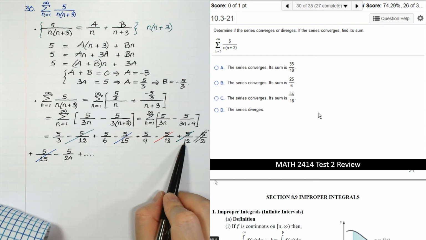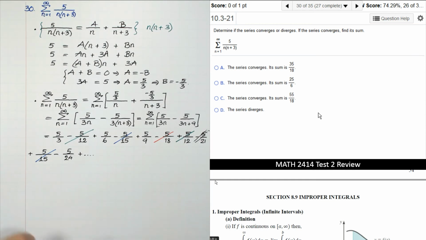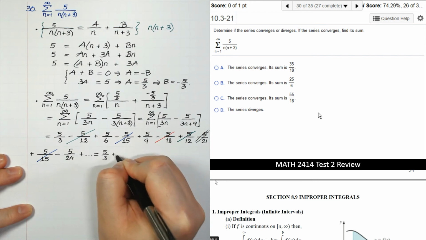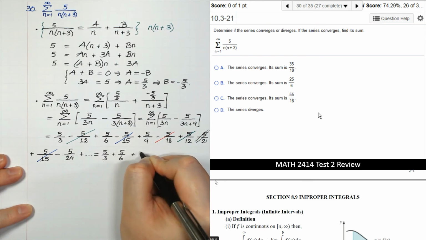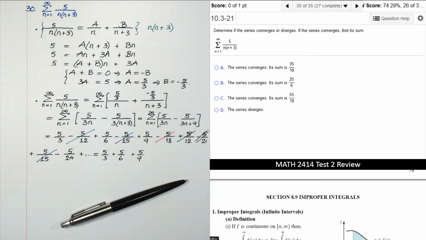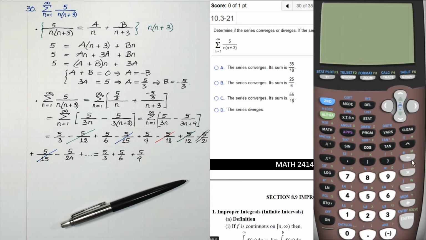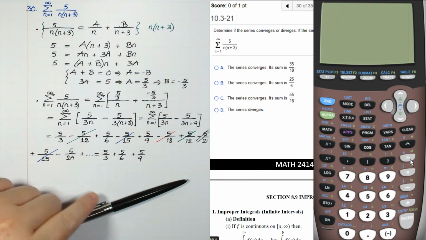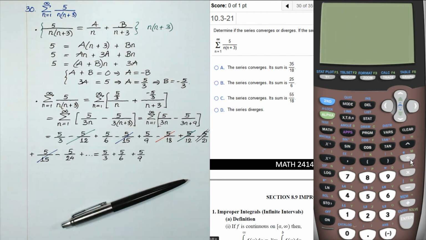And the positive starting from there will cancel out. So after all of that, we are only left with 5 thirds, 5 sixths, and 5 ninths. If you write out a lot more terms, then you will see the pattern. Those 3 terms will stay, everything else cancels out.